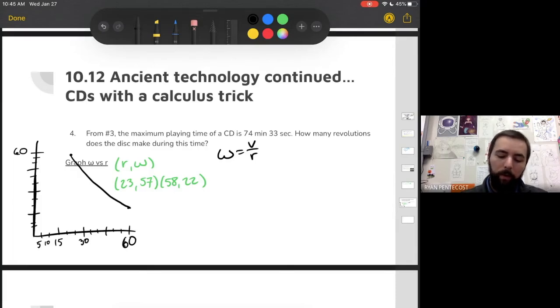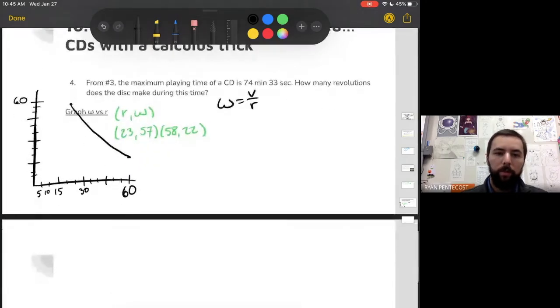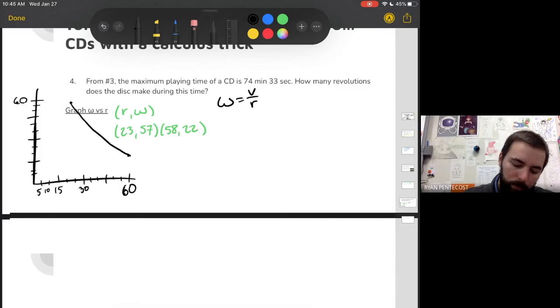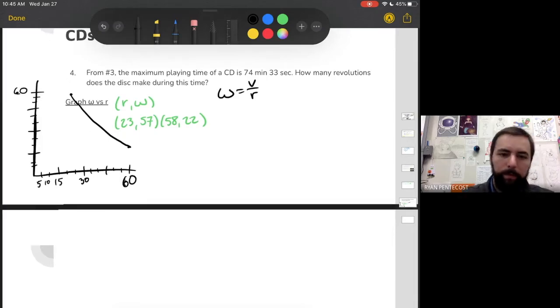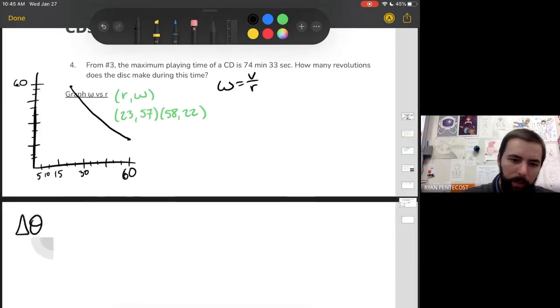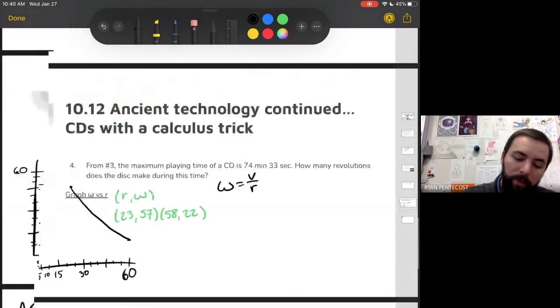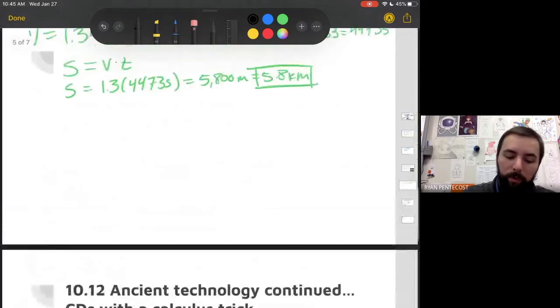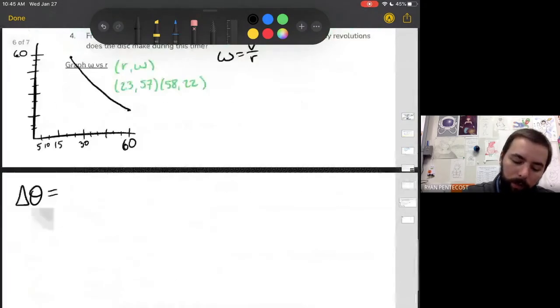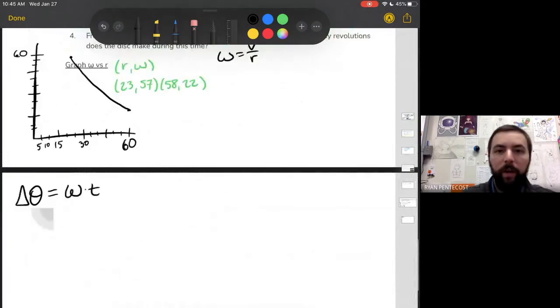Now, if we want to know how many revolutions this disk makes, right? Excuse me. So we want delta theta. Now, delta theta, just like we did before, right? Was S equals VT for distance traveled. So we need omega t to find theta, but we don't have a constant omega, right?